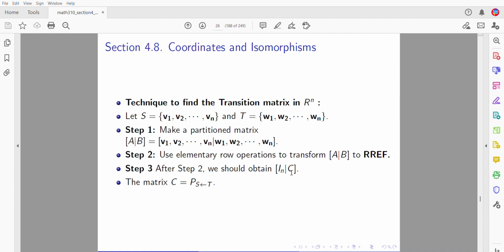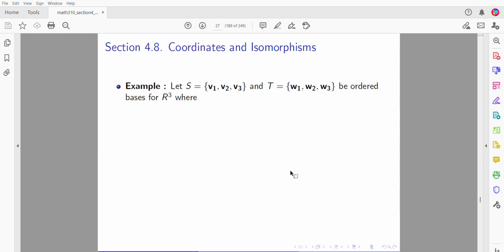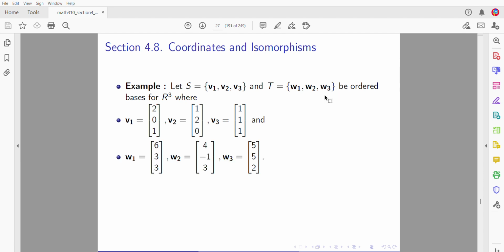Okay. So let's look at an example. S are these vectors, v1, v2, v3. That's a basis of R3. And the w's are these vectors.